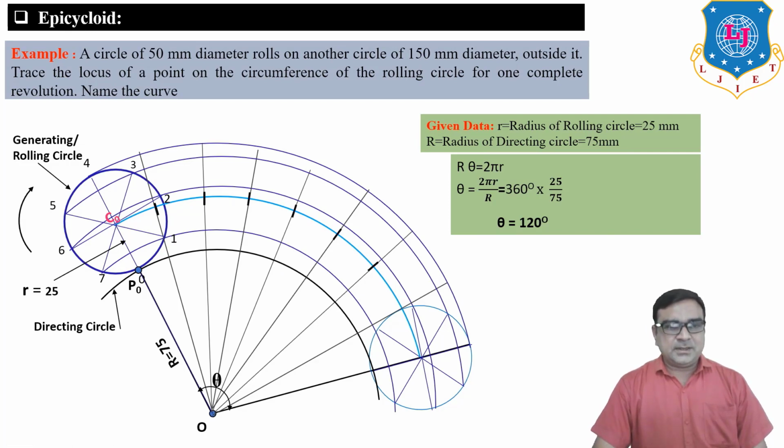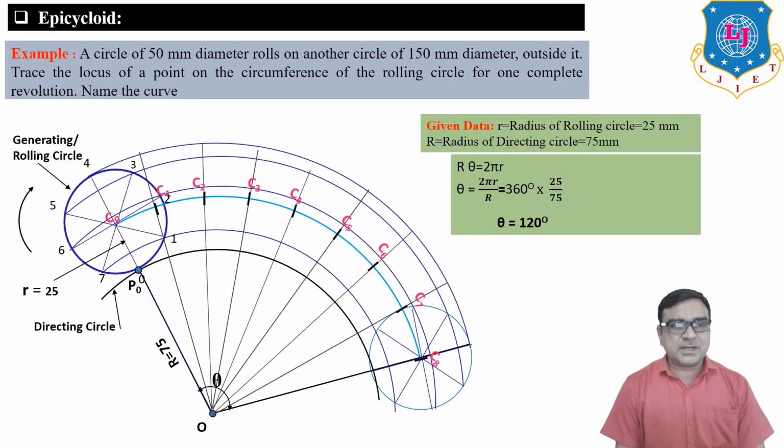Now give names to the center points of the circle for different positions, which are the intersections of the arcs, center arc, and the lines from O. So C1, C2, C3, C4, C5, C6, C7, and C8 are the center points of the circles when the circle rolls in a clockwise direction.